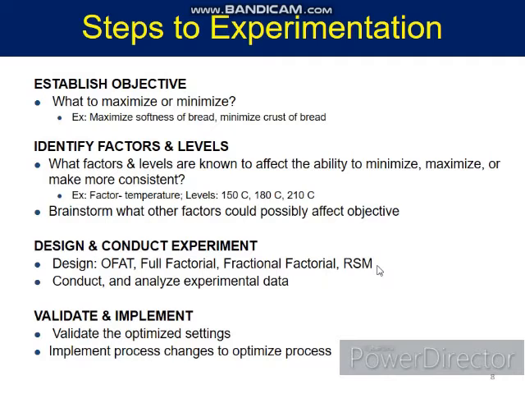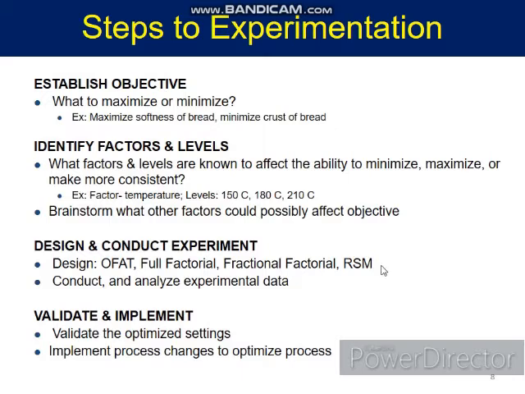For example, Minitab has modules on design of experiment. You can choose full factorial, fractional factorial, RSM, and so on. Similarly if you have Design-Expert software, or JMP software. Usually you can design your experiments and actually analyze your experiment data using software.